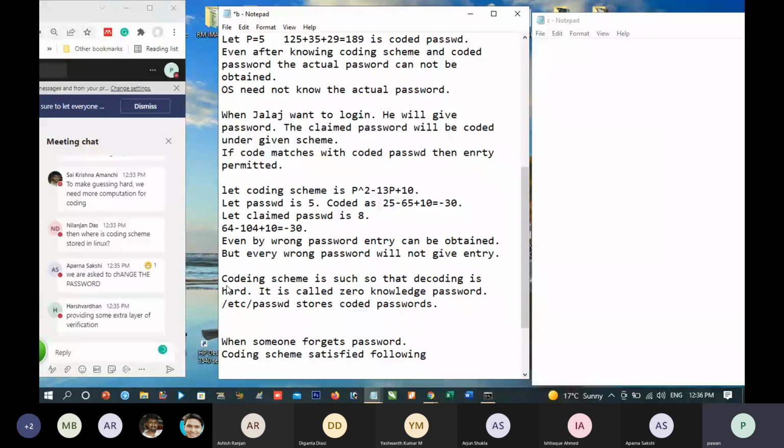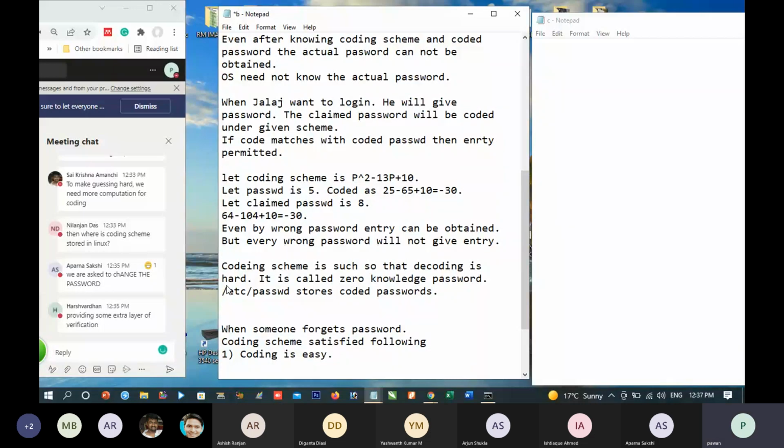What does the coding scheme satisfy? Coding should be easy. Decoding in general is hard.